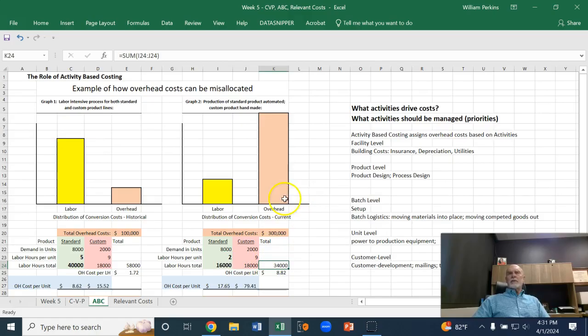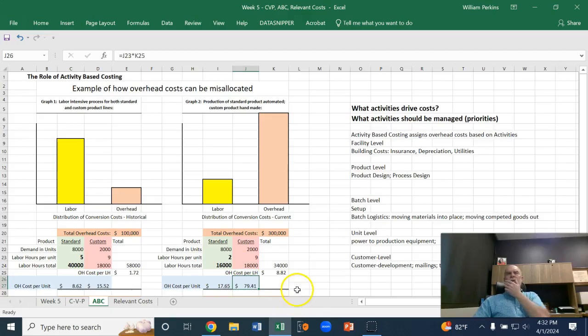And let's assume because of all of this new equipment, our overhead costs have tripled. They've gone to 300,000. Well, if we're still using the labor hours to allocate that overhead, 300,000 divided by the 34,000 hours, that's $8.82 per hour now for the labor rate. 2 hours goes to the standard unit. 9 hours of the overhead would go to the custom unit.